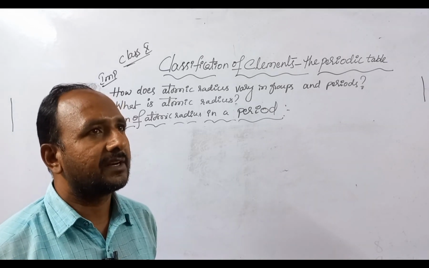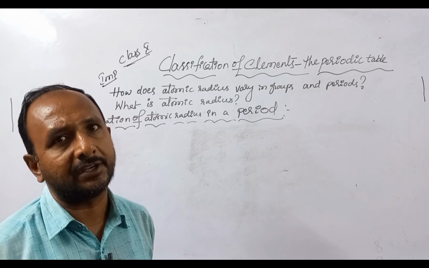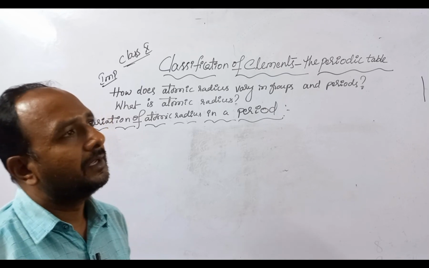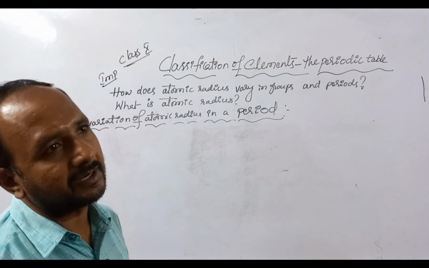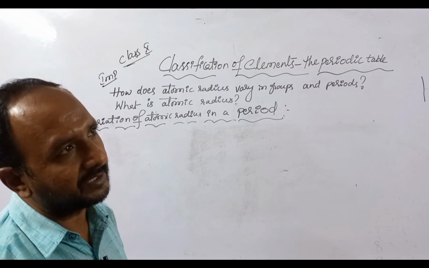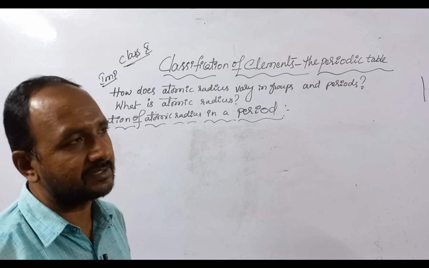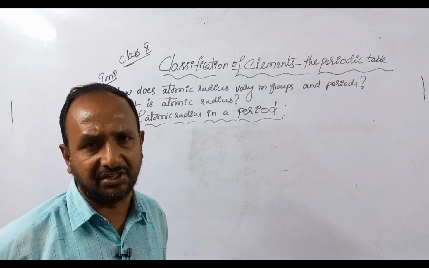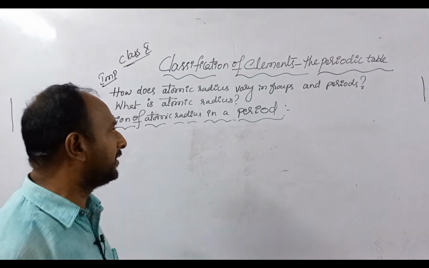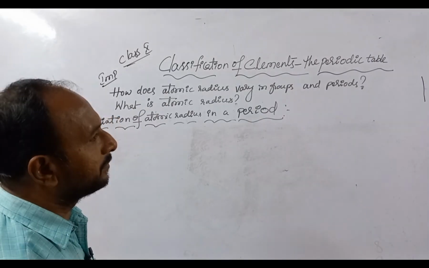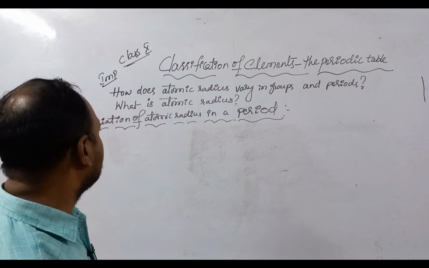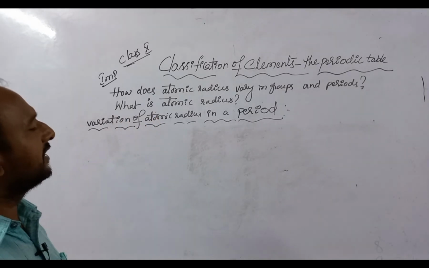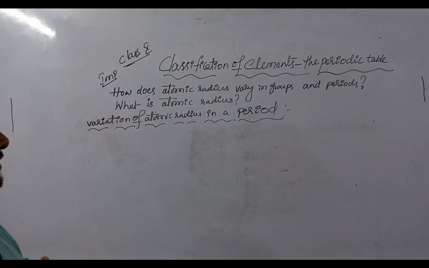There are 7 periods, denoted by Arabic numbers from 1 to 7. Each period has a definite number of elements: first period 2 elements, second and third each 8 elements, fourth and fifth each 18 elements, sixth period 32 elements, and seventh period is an incomplete period. Those details were explained in the previous video, so you can see and understand.